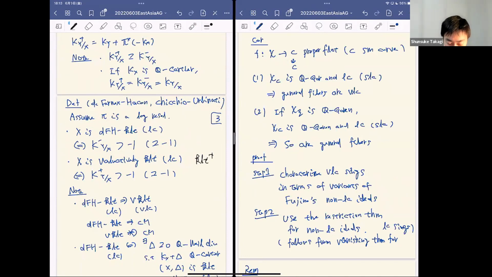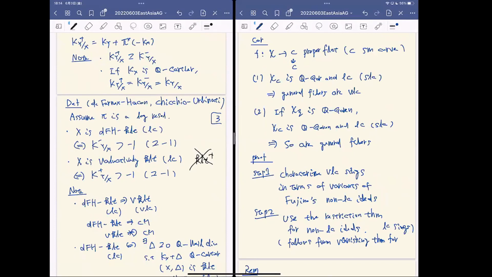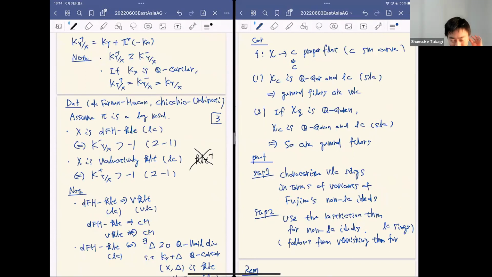So variative KLT is stronger than KLT plus singularity. So I don't like this terminology. Then my student Yoshikawa gave another name, variatively KLT singularity.